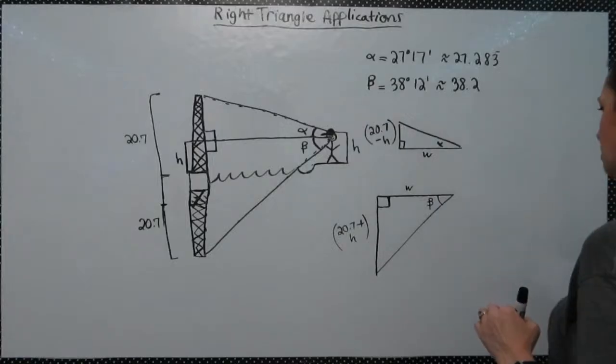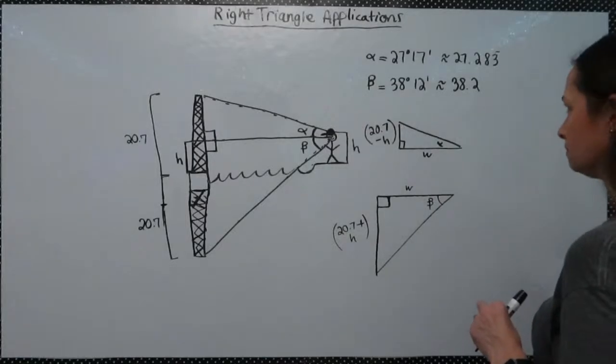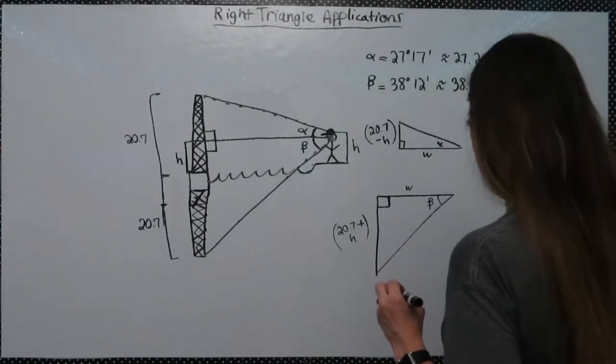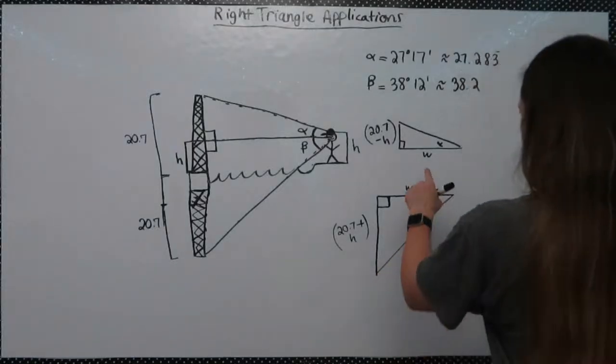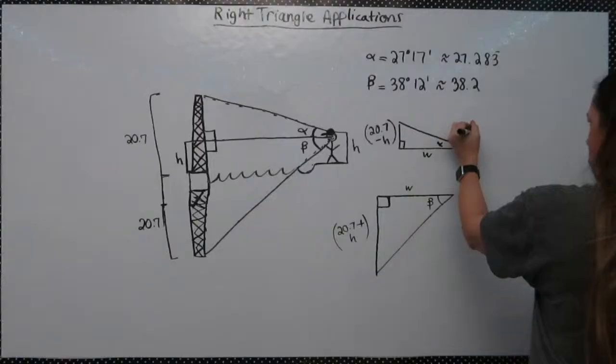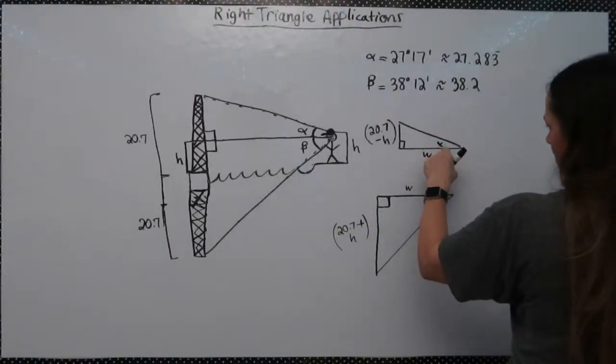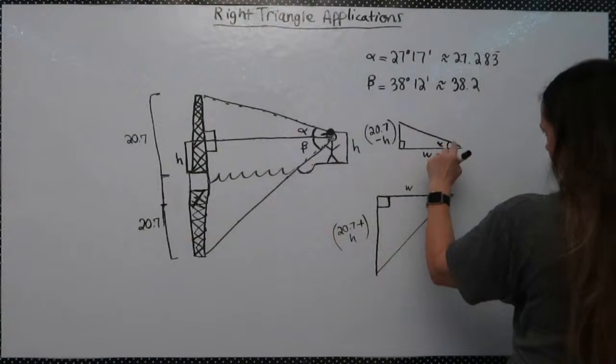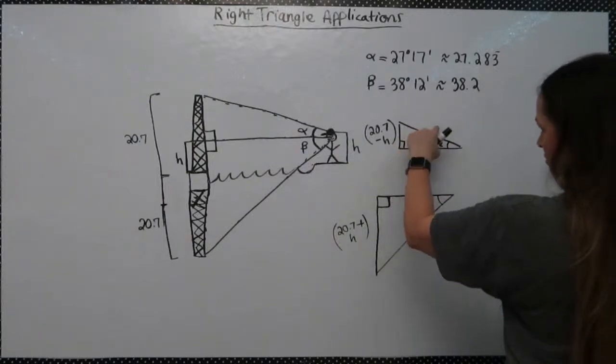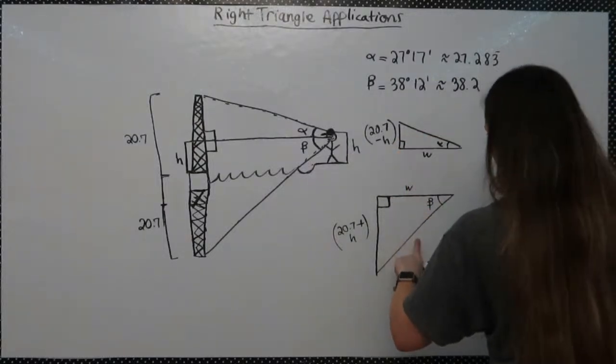I have my values that I'm going to plug in. For this one, we'll set up the trig equation, and then we can put it all together. We're going to use tangent because it's the side lengths; we don't know anything about the hypotenuses.